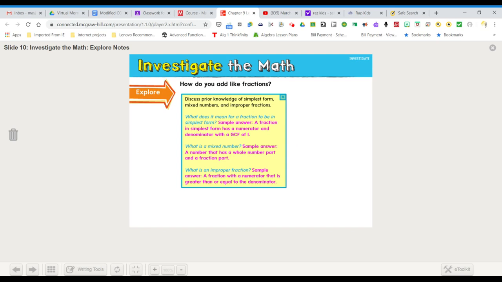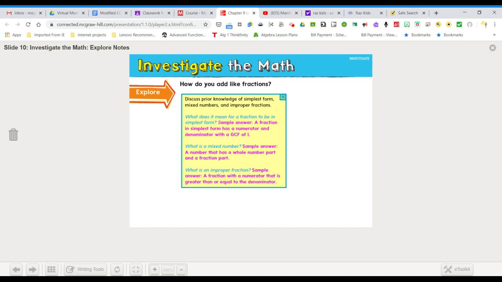What is a mixed number? Also in your booklet, you had a number that's a whole number and a fraction. So if you think about when things are mixed up, it has a whole number and a fraction. So something like 1 1/2 would be a mixed number. And an improper fraction is when the numerator is greater than or equal to the denominator.